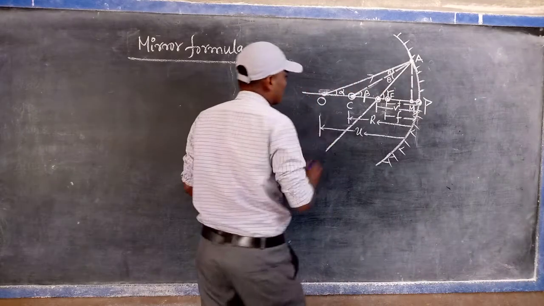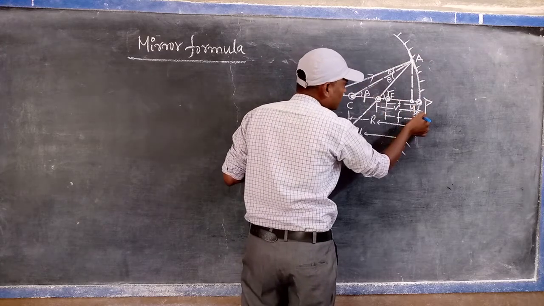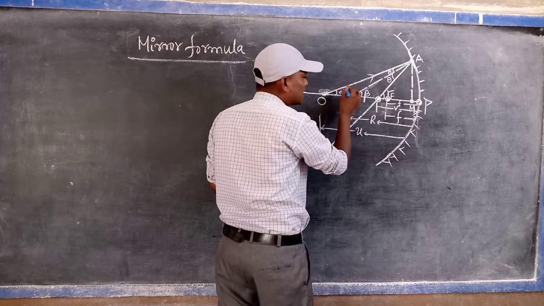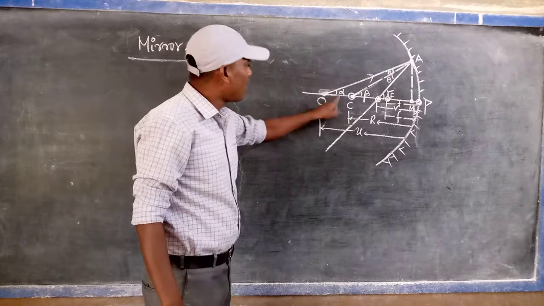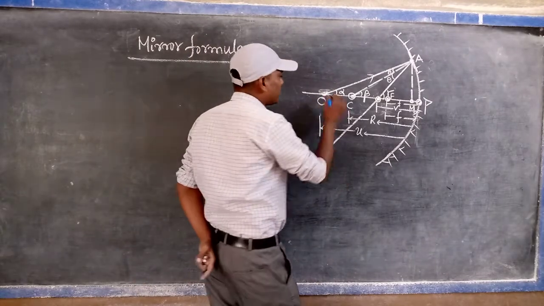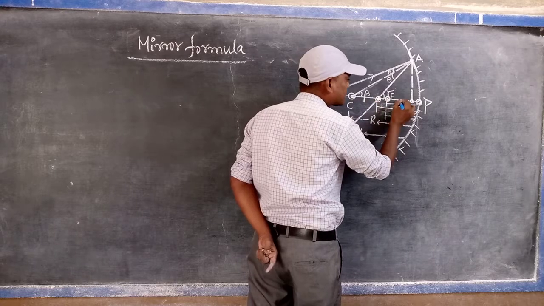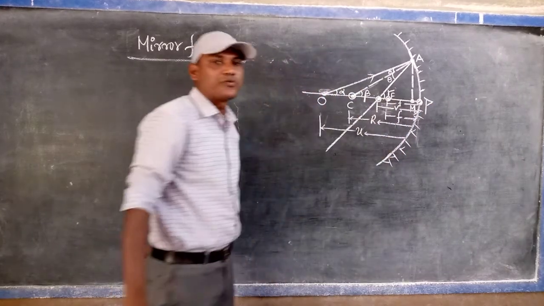One ray falls on the curved surface at point A, making a certain angle alpha with the principal axis, and the second ray passes along the principal axis and falls at point P, then returns back.